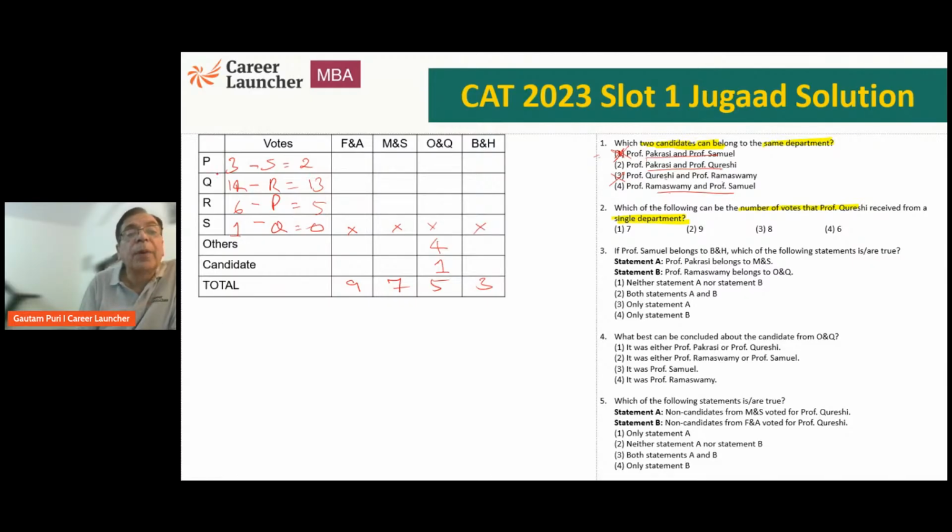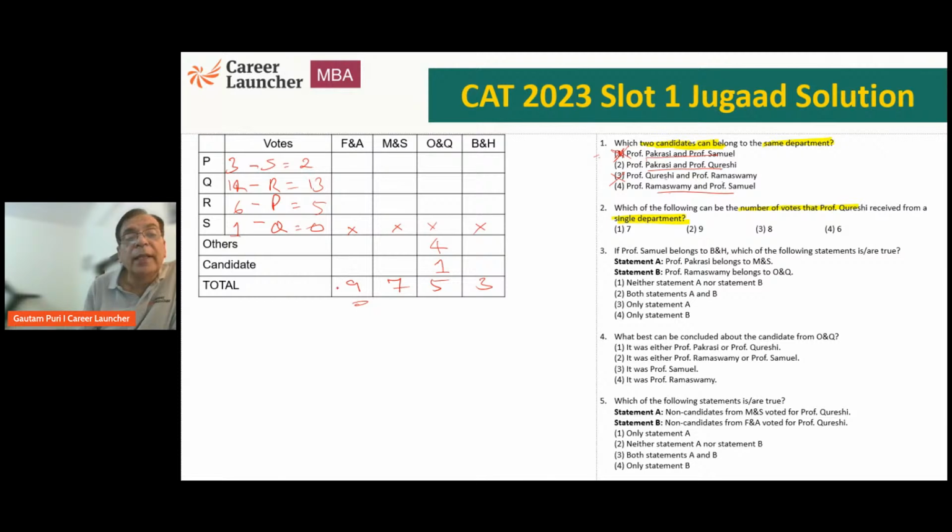Secondly, Professor P has 2 votes from the others, from the non-candidates. These 2 votes have to be from the same department. All these non-candidates will vote for the same person. So net of the candidates, all the people in the department vote for the same person.